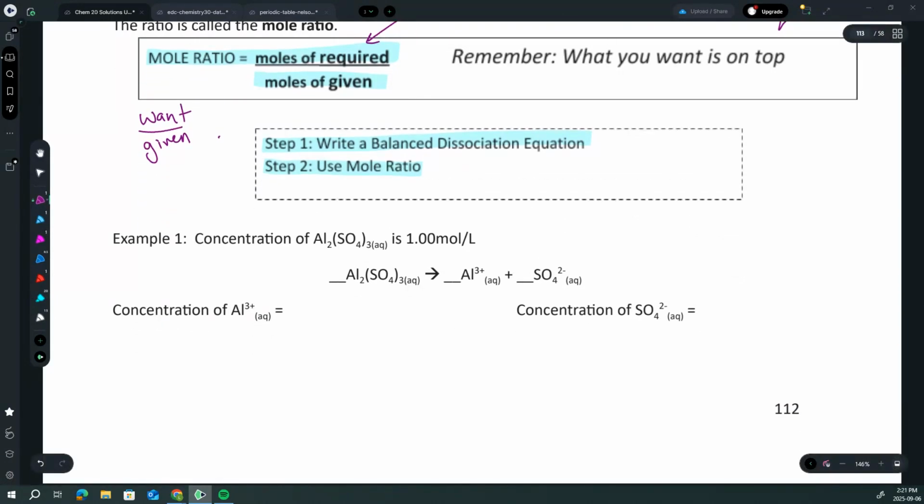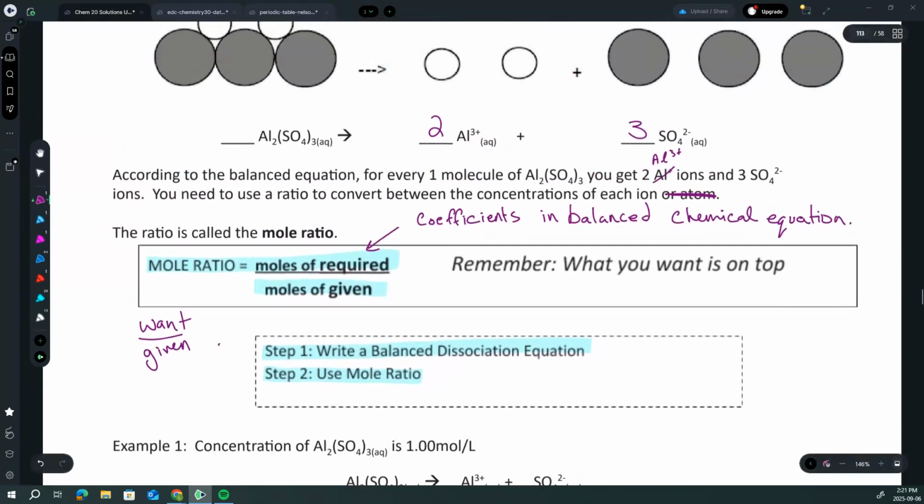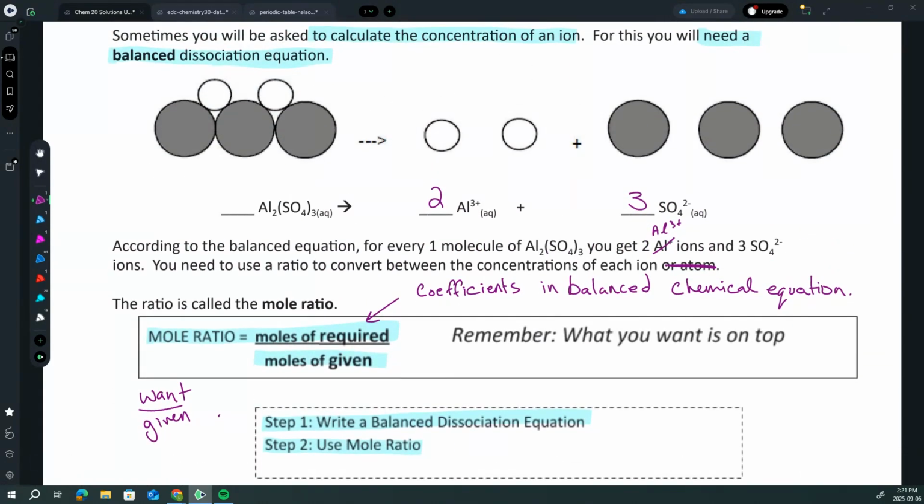So for example number 1 here, the concentration of aluminum sulfate is 1 mole per liter. We're asked to figure out the concentration of both aluminum ions as well as sulfate ions. I'm just going to be copying down the coefficients that we figured out from before. Keep in mind, whenever there's not a number explicitly written for a coefficient, it's assumed that it's 1.